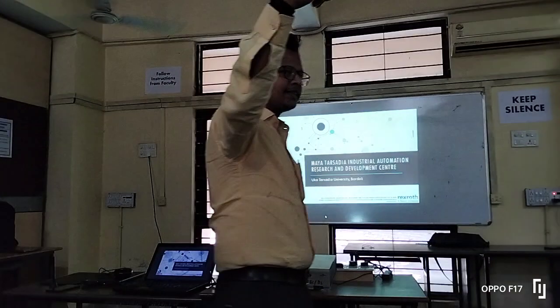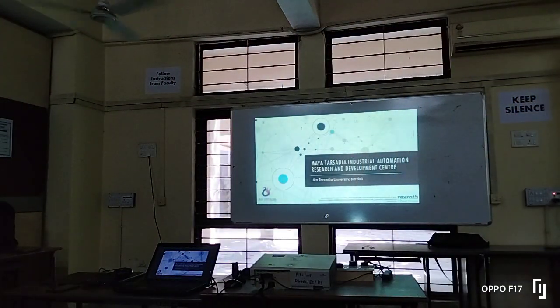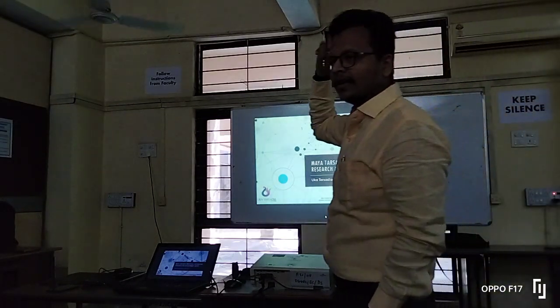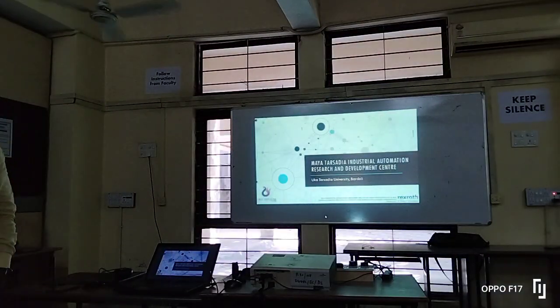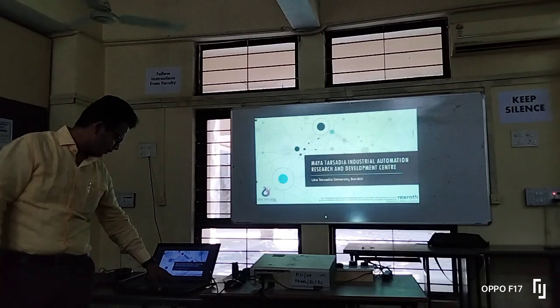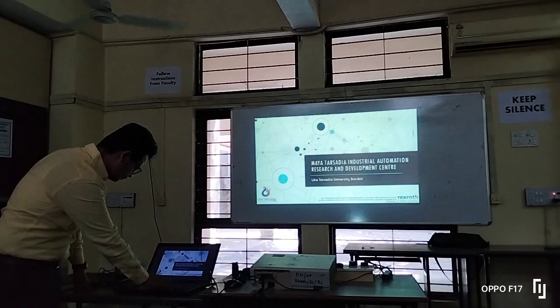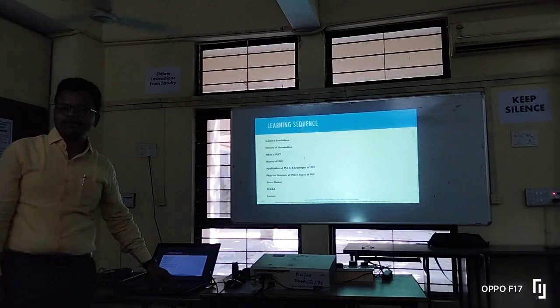So the second step is decoding and the third step is execution. In human tendency it's perform, and in a processor it is execution. Clear? So this way, your processor is also working. So this one is your learning sequence.